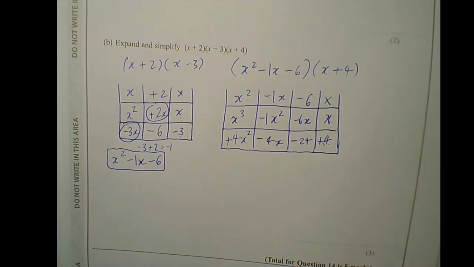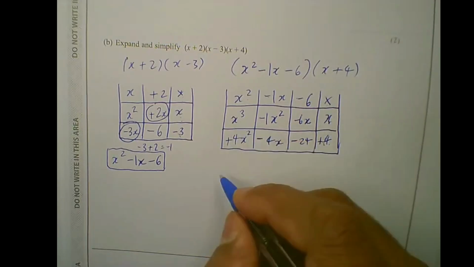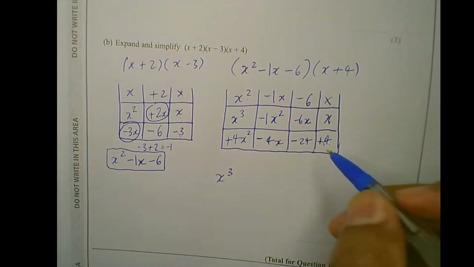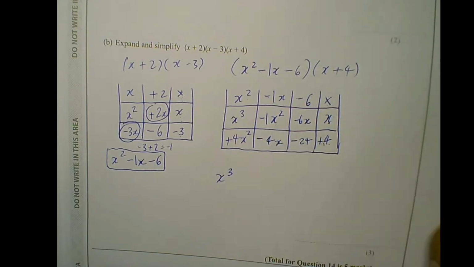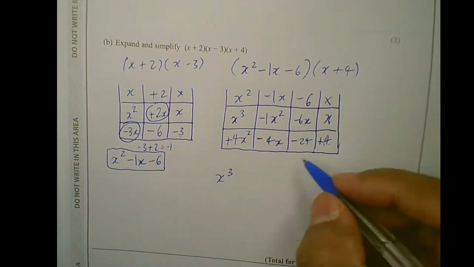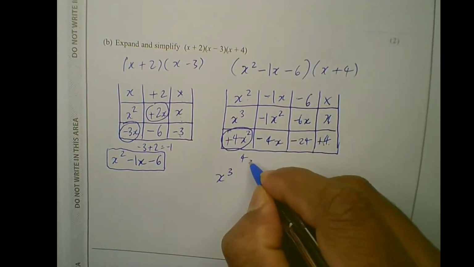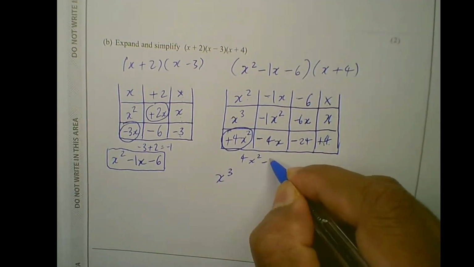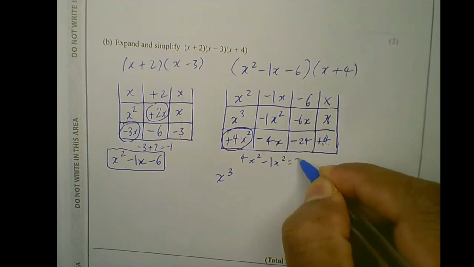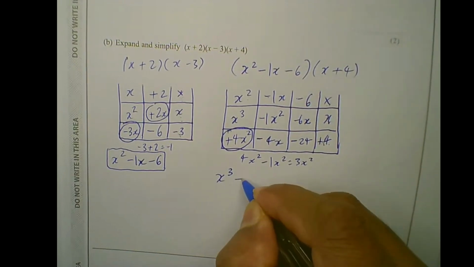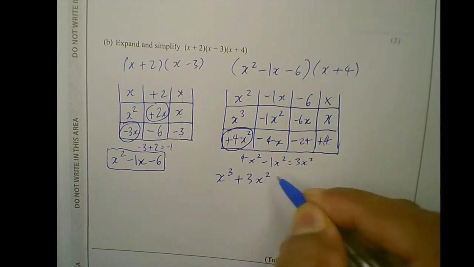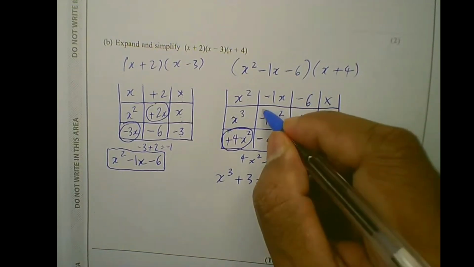And then I simplify. So I've got x cubed. I've got 4x squared. Take away 1x squared. That gives me 3x squared. So plus 3x squared. Didn't circle that one.